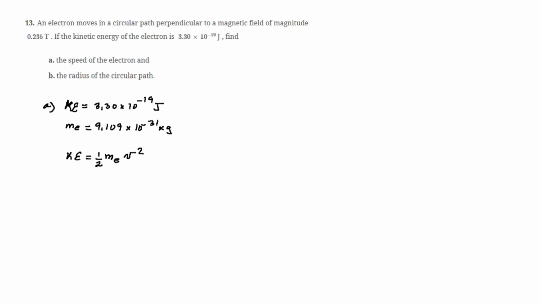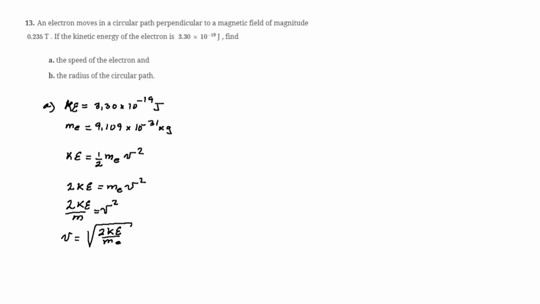So when you solve for the speed, 2 times the kinetic energy is equal to the mass of the electron times the square of the speed. So 2 times the kinetic energy divided by the mass is equal to the square of the speed. So this speed would be the square root of 2 times the kinetic energy divided by the mass of the electron.